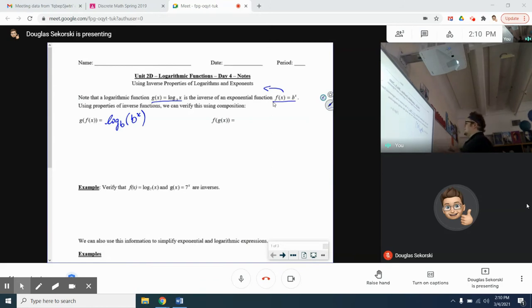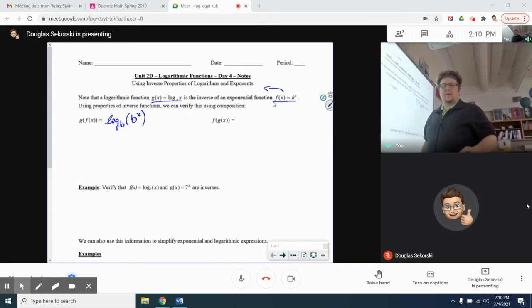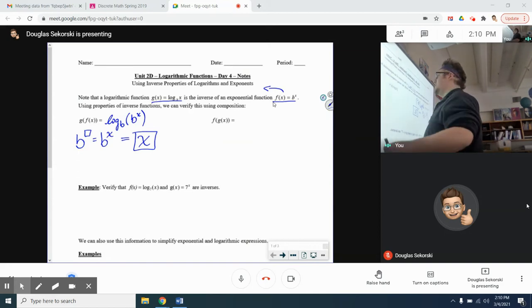Now I'm looking at this and thinking, a logarithm is really just a missing exponent. So we need to think of this as asking: b to the what equals b to the x? We've got to fill in that box. This is just equal to x. So we've verified one direction.